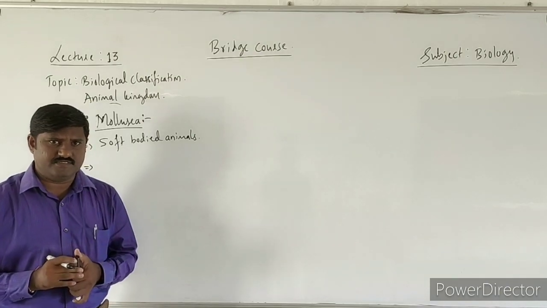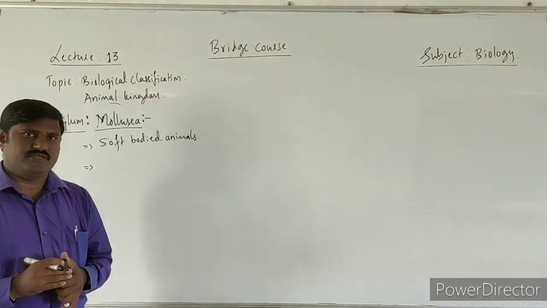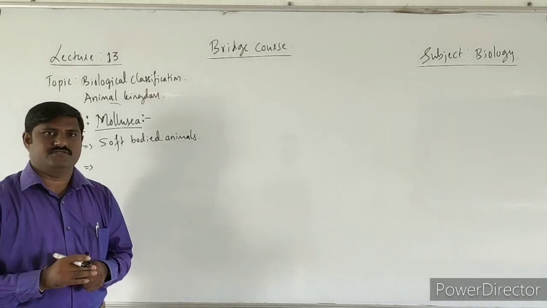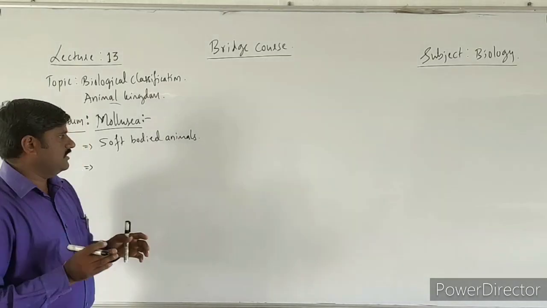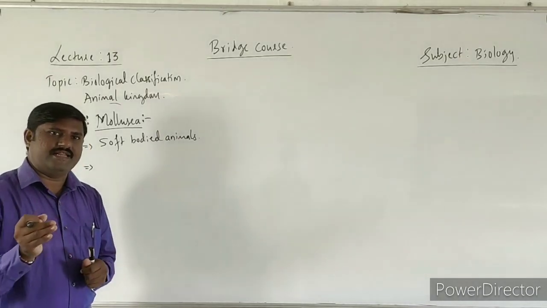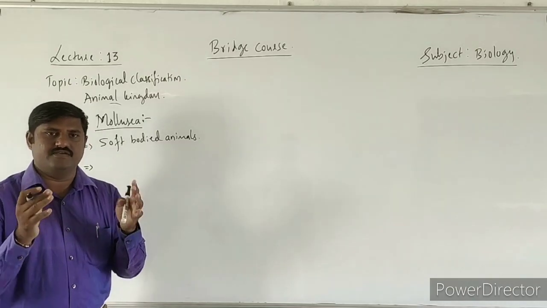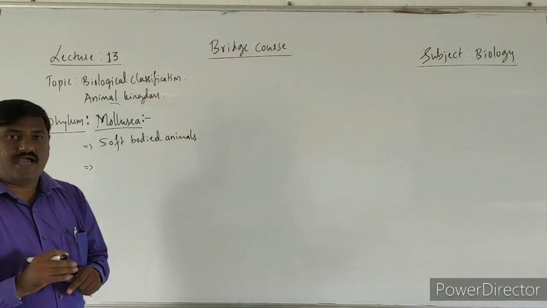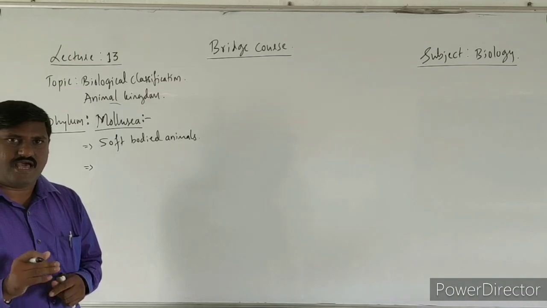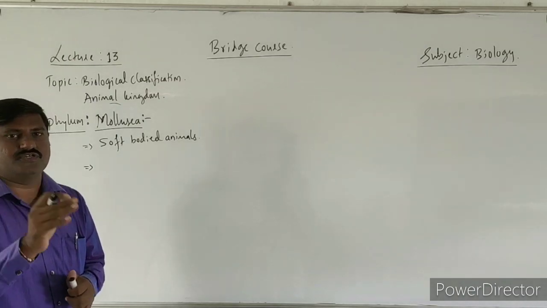The majority of these animals are marine in nature, meaning they live in oceans or seas, and some animals are terrestrial, meaning they live on land. Such animals have some unique features.